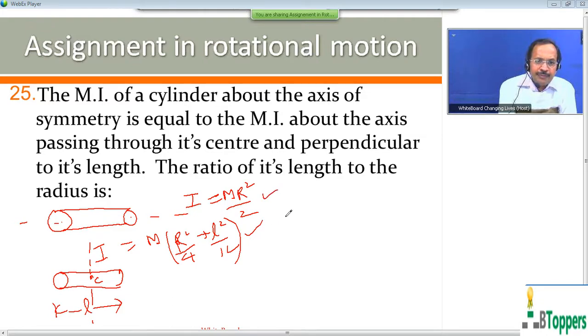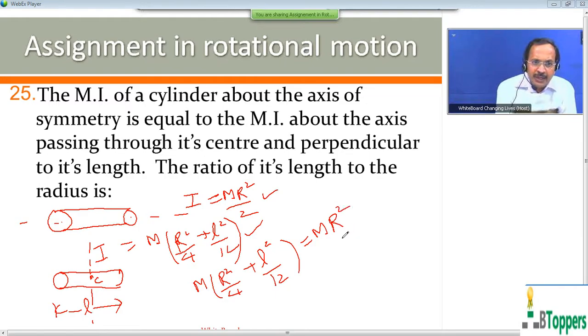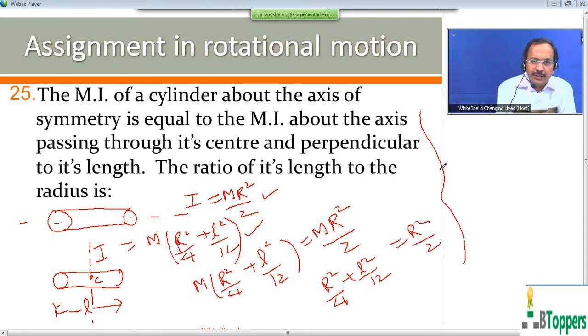Given that these two are equal, the moment of inertia about the axis perpendicular to its length and passing through the center of mass, m into R square by 4 plus L square by 12, is the same as the moment of inertia about the geometrical axis of symmetry, which is mR square by 2. So you can cancel mass m on both sides. So R square by 4 plus L square by 12 is R square by 2. You can solve for L from this equation.